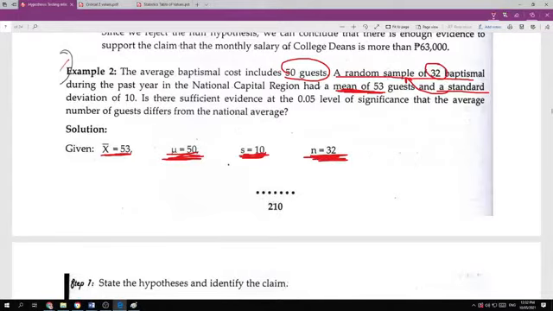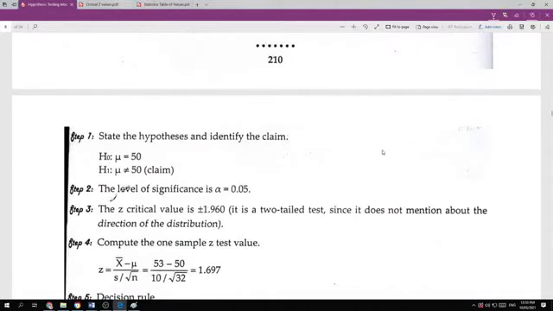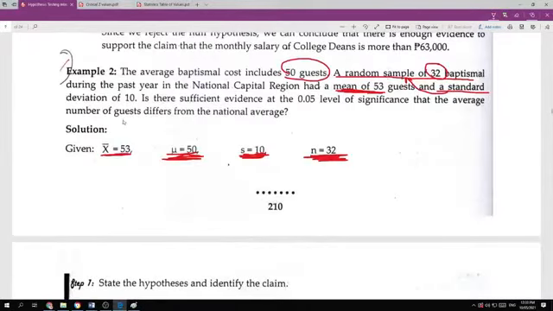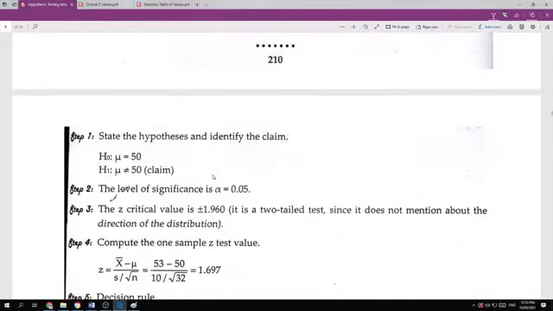Now, is there sufficient evidence at 0.05 level of significance that the average number of guests differs from the national average? So look at our claim. The claim is this. It differs, meaning it is not equal to 50 guests. That's why our claim is the population mean is not 50.